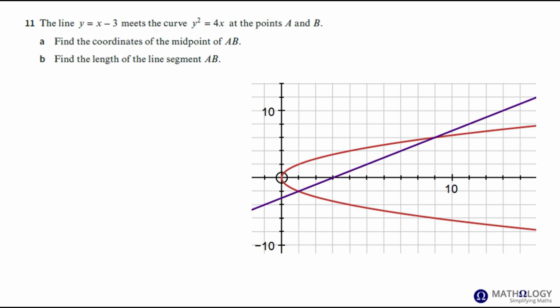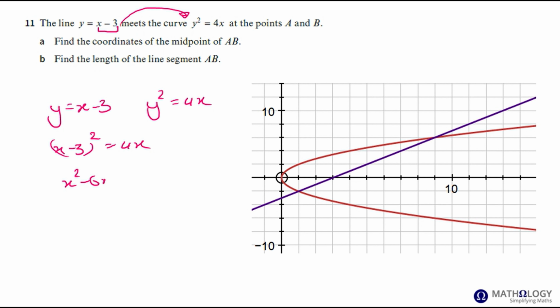So with or without the sketch graph, we are going to substitute y equals x minus 3 into the second function. So x minus 3 all squared equals 4x.